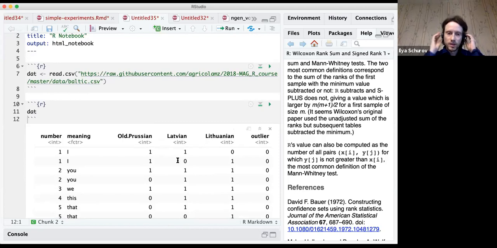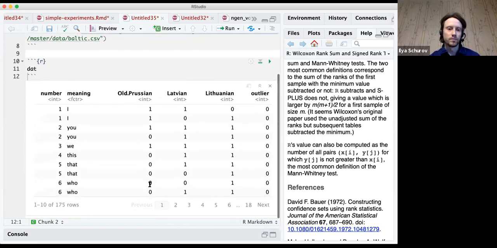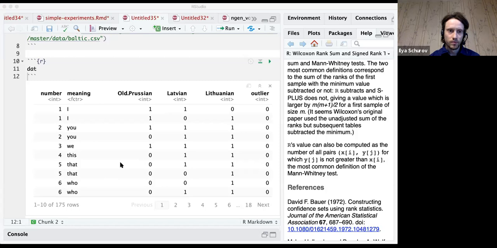So in this data set, we have different languages, and we have some words, so-called words that are based on the Swedish list, and it is possible that two words coincide with each other in different languages.